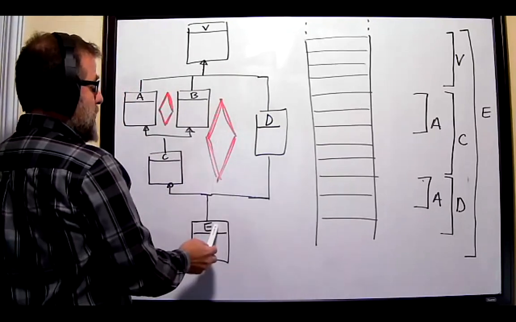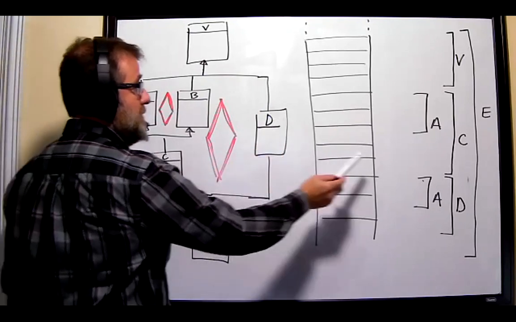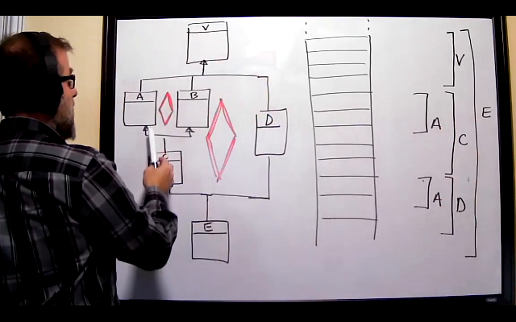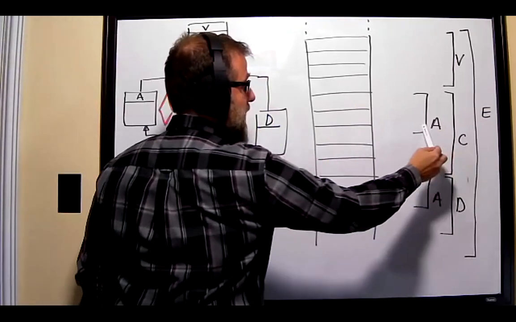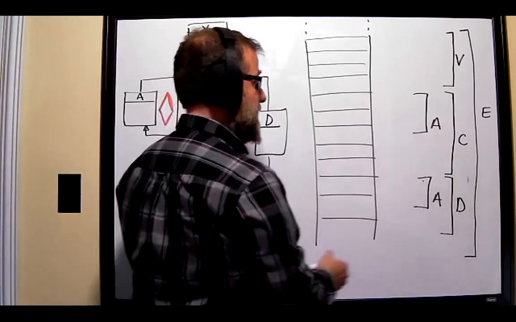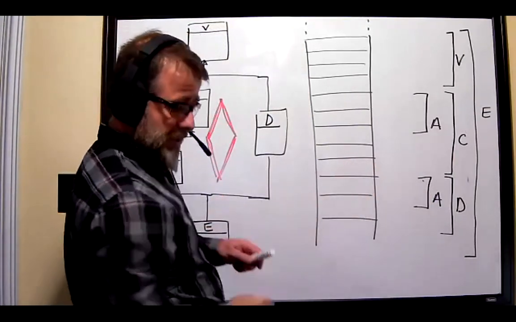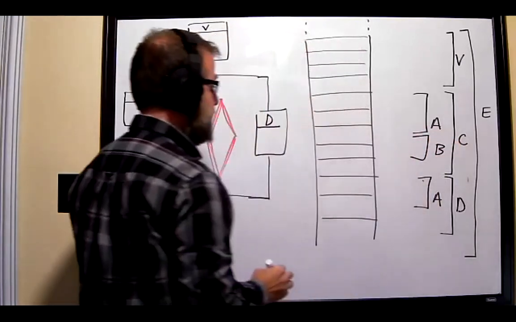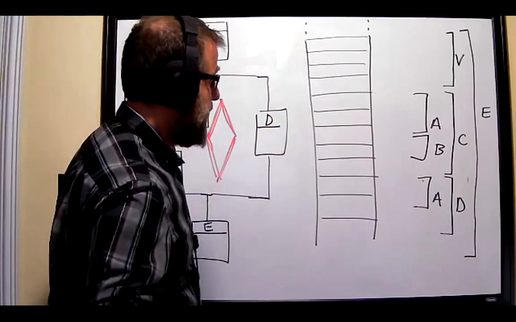So if I'm creating an object of type E, that actually means that there's a C part and a D part. The E has a C part and a D part. And the C part has an A part and a B part. And then there's the D part.